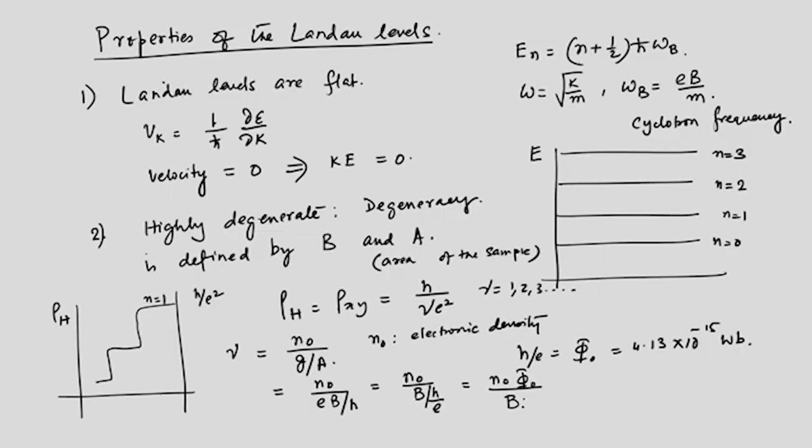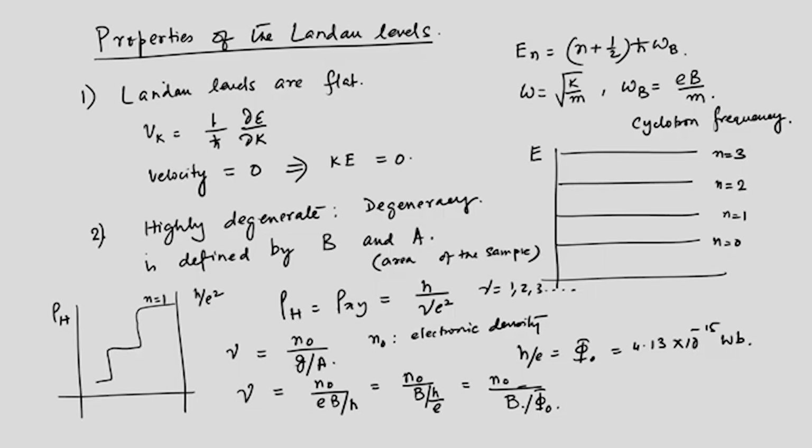So the integer that you see in the plateaus is related to the degeneracy in this particular fashion. Now the experiments dictate that nu has integer values. So if you write this as B over phi 0, it will take integer values when the ratio of the density of carriers and this B by phi 0 is an integer.